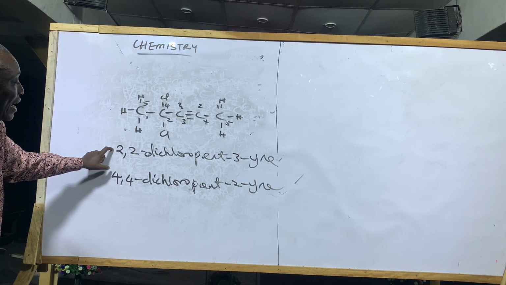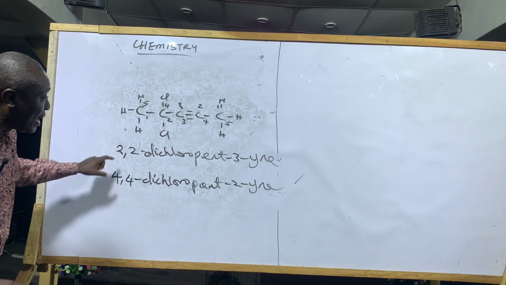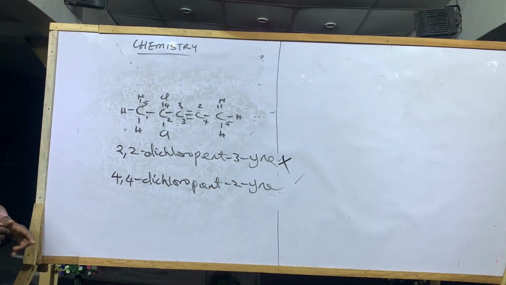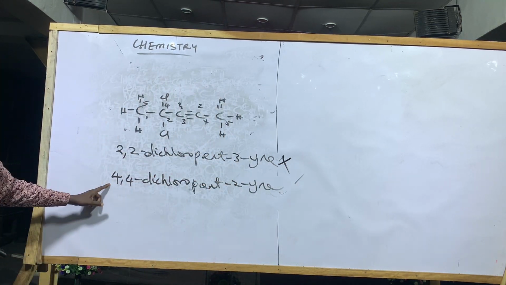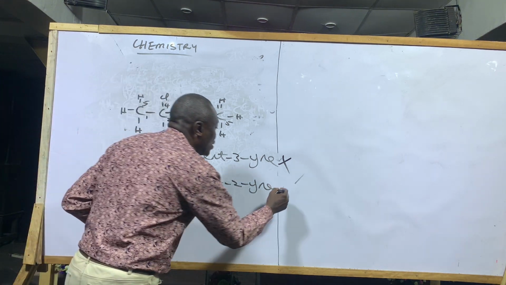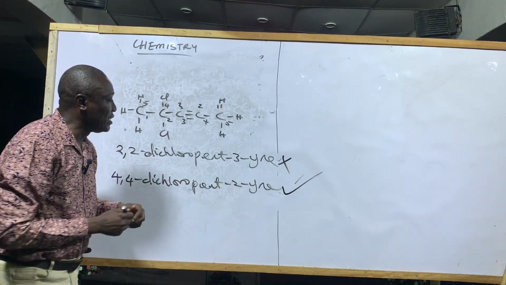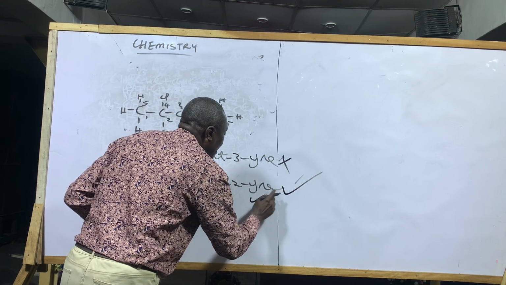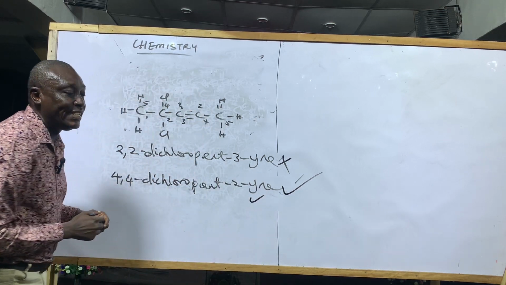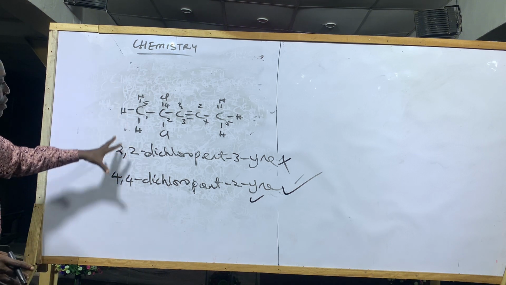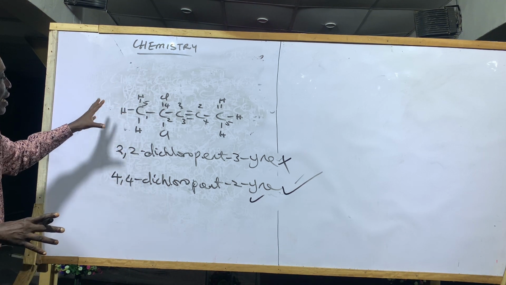But in spite of that, this option is wrong, because the functional group takes preference over the substituent. So this option is correct, this one is wrong, because this is the one that gives the lowest digit to the functional group. So that's how we name these alkenes and alkynes.